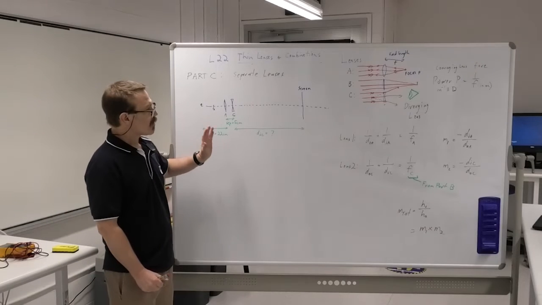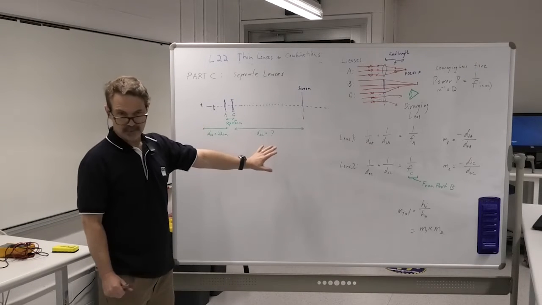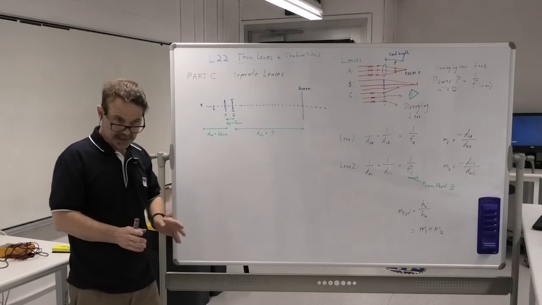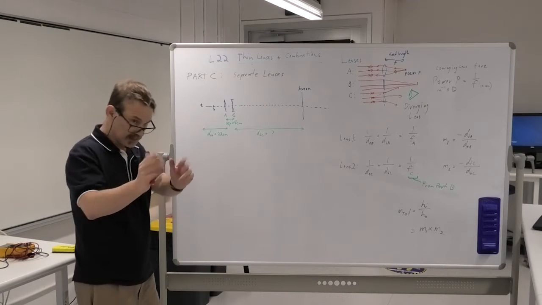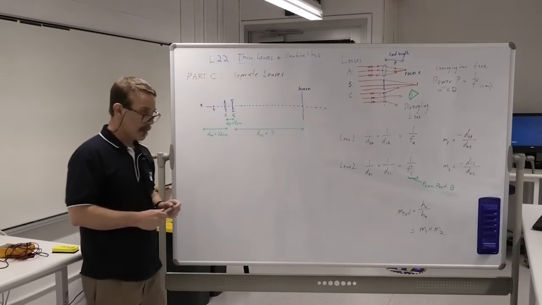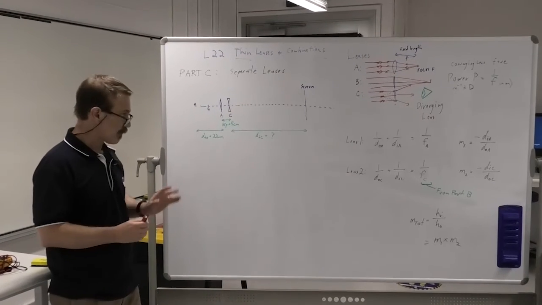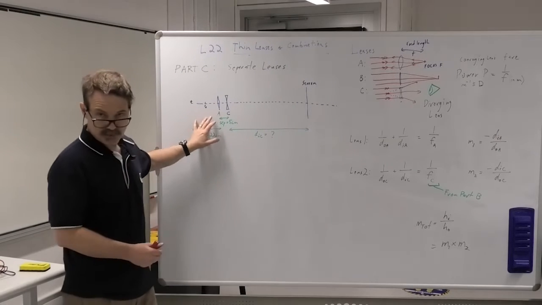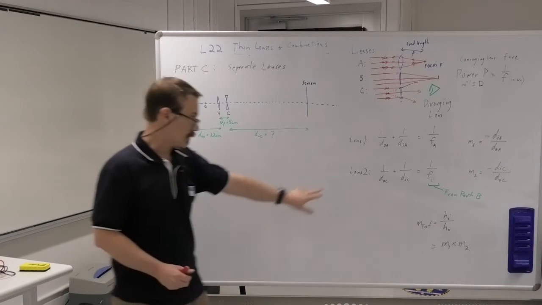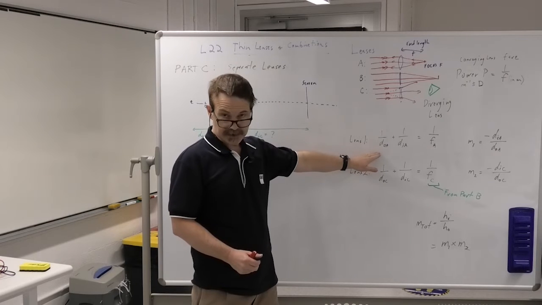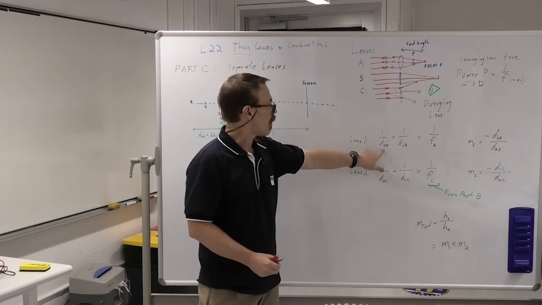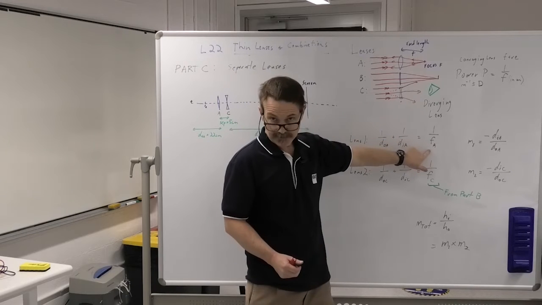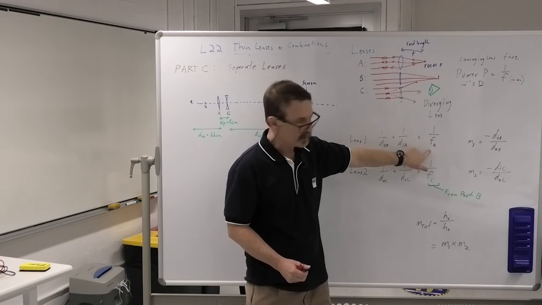So now we want to try and predict where that image should have been given what we know about lenses A and C and the distance that you set up. To find out where the final image is, you can actually treat these one lens at a time. You can use the thin lens equation for lens A, because you know the object distance was 22 centimetres. You measured the focal length of lens A many times.